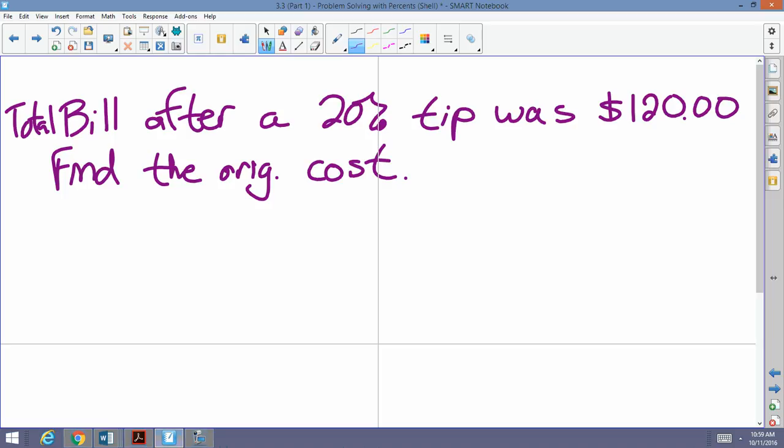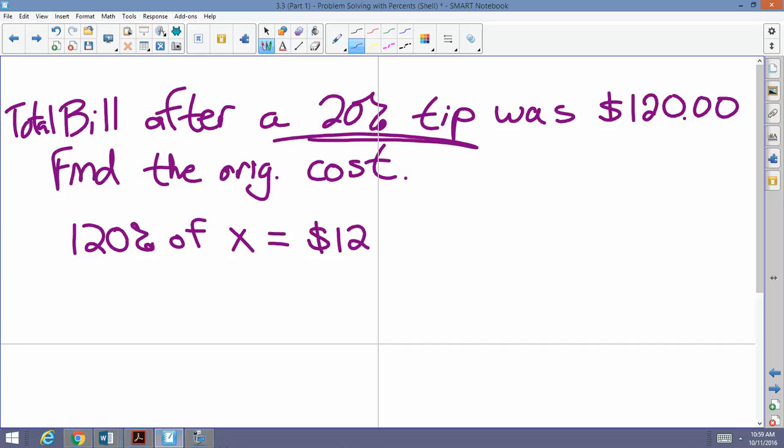Yes, sir. Thank you. You paid 100% of your bill plus you paid a 20% tip. So you paid 120% of what bill to give me a total of 120 that you spent? Yes, sir.